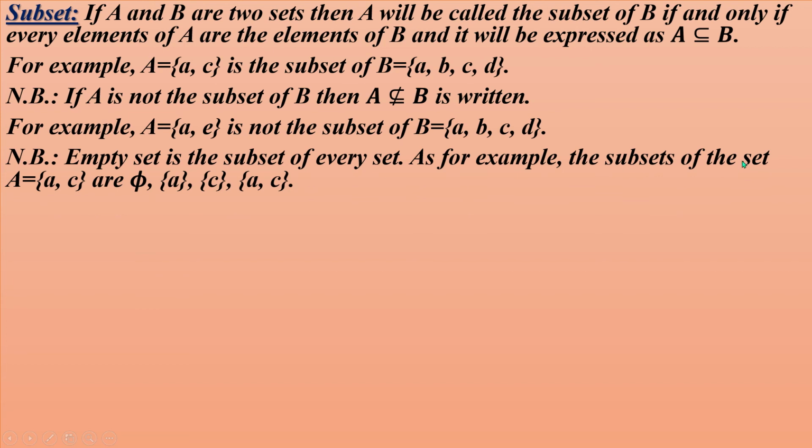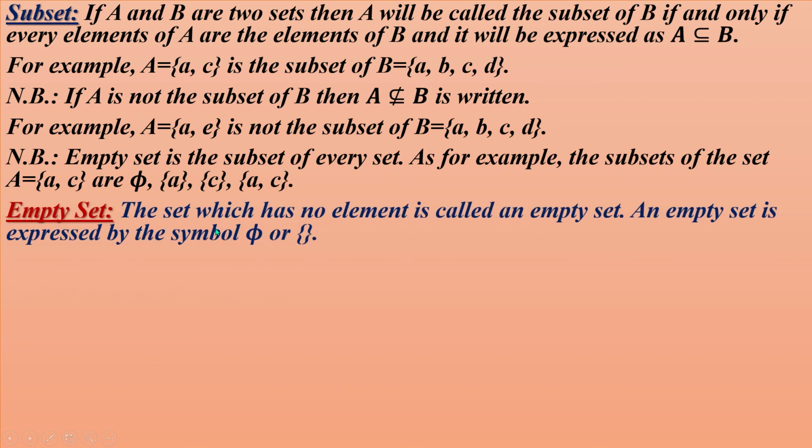For example, the null set is a subset of the set A, C. Empty set: the set which has no element is called an empty set. An empty set is expressed by the symbol phi or by empty curly brackets, where there is no element inside. Also, there is another name, null set.